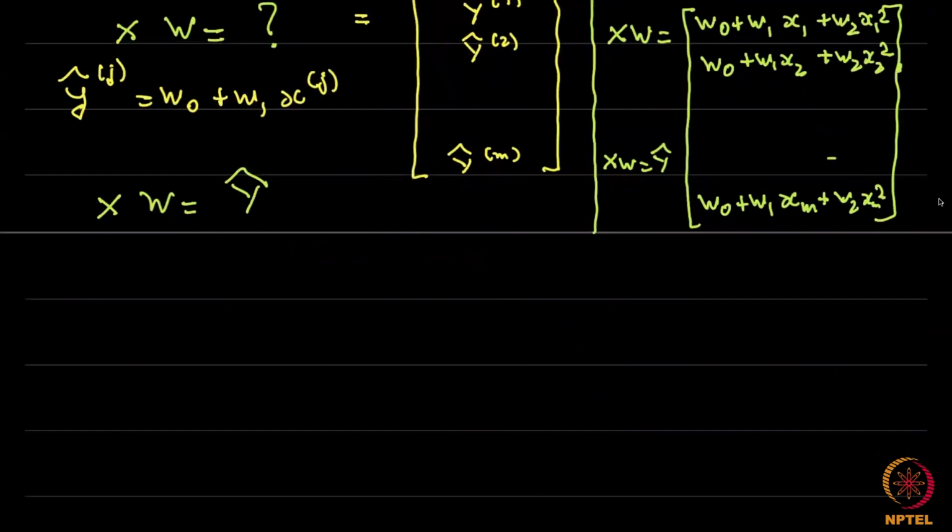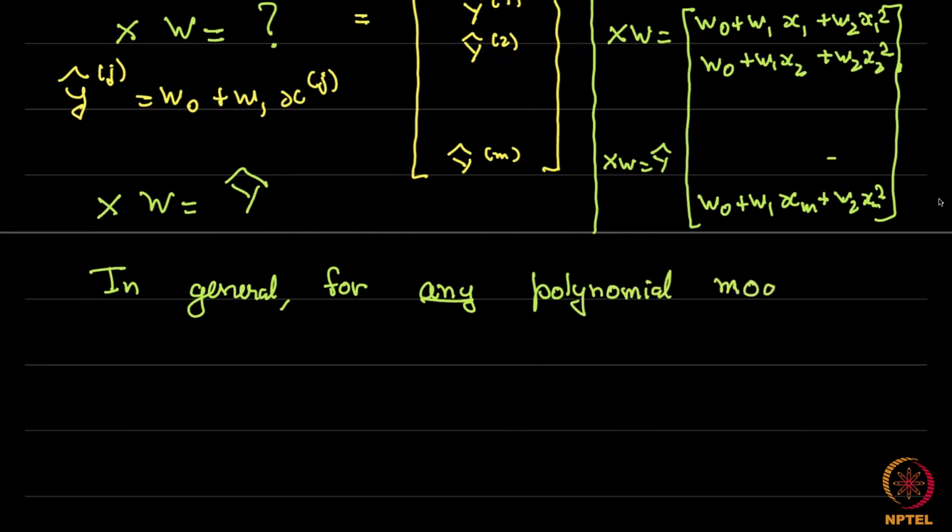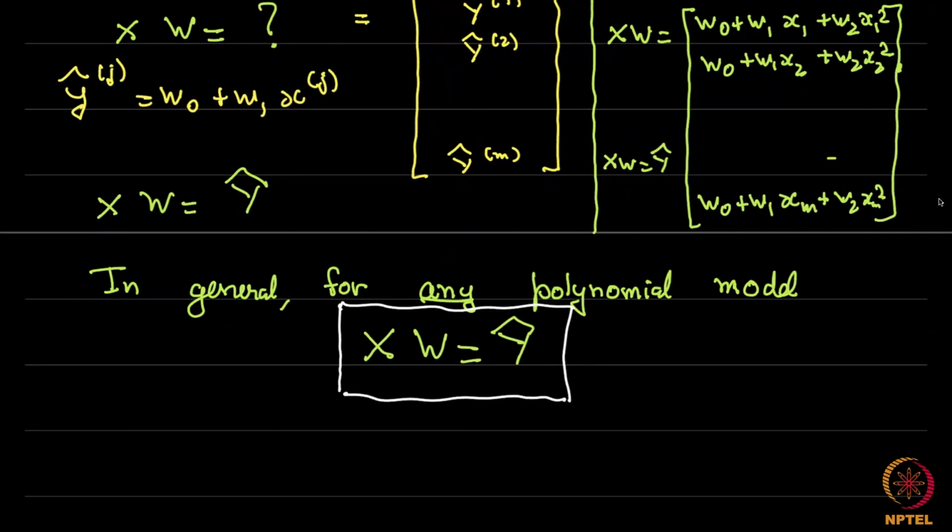So we can write in general, for any polynomial model, we can write XW equals Y hat. This happens to be also the general formula for any linear model, and I will show that to you shortly.